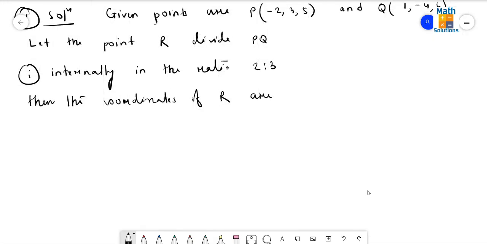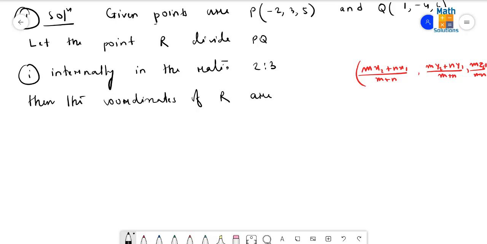Of course the very first formula which I have discussed just now, that is (mx2 + nx1) divided by (m + n), (my2 + ny1) divided by (m + n), (mz2 + nz1) divided by (m + n). Actually this is an extension of the portion which we learned in class 10 in the chapter of coordinate geometry, section formula. So this formula we are going to use here.